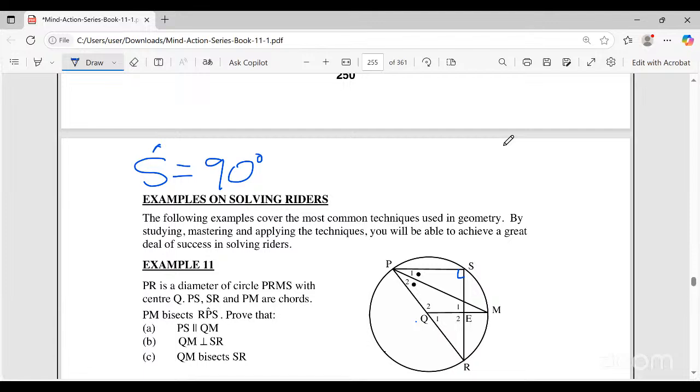Because you're not done here, Ethan. Remember I said in Euclidean geometry, you put statement and the reasoning. So what is the reason behind that statement?